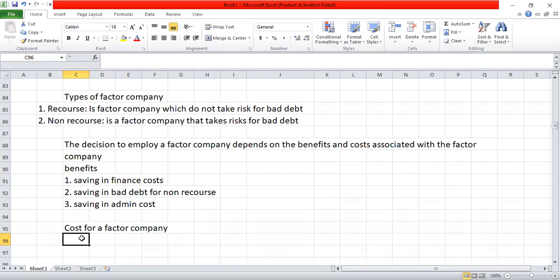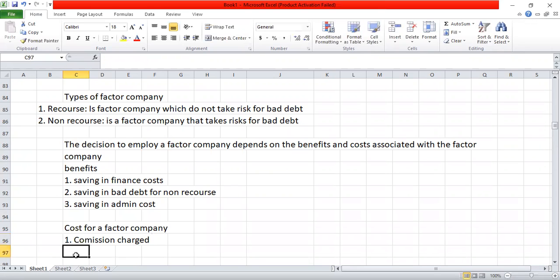The cost of a factor company, number one, the commission charged. The commission charged by the factor company. When the factor company gives a loan or we employ the company, it will charge money to be able to manage that receivable. They're going to charge a cost. So that is going to be a cost to the business.